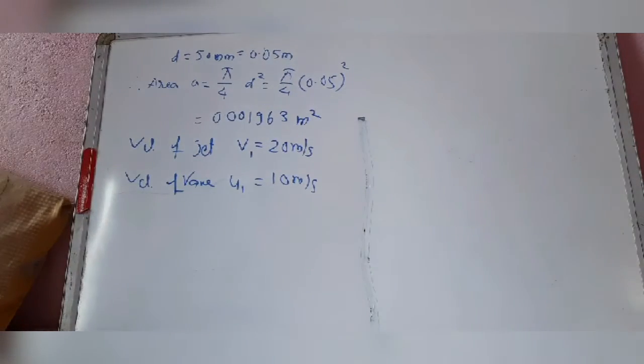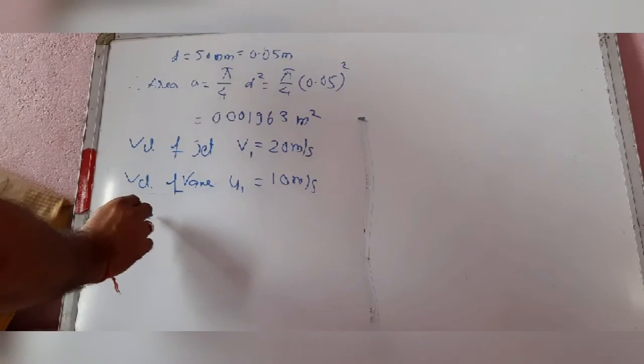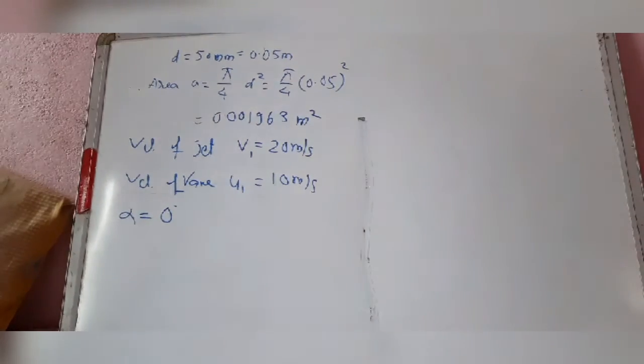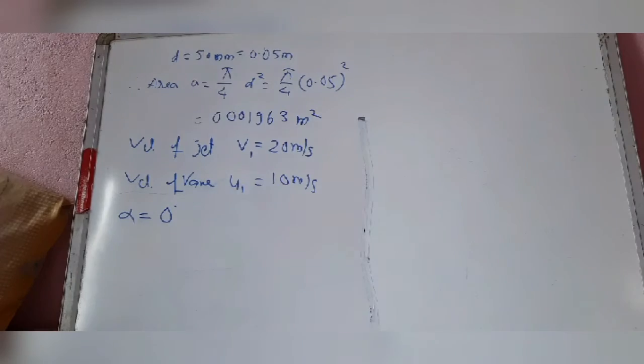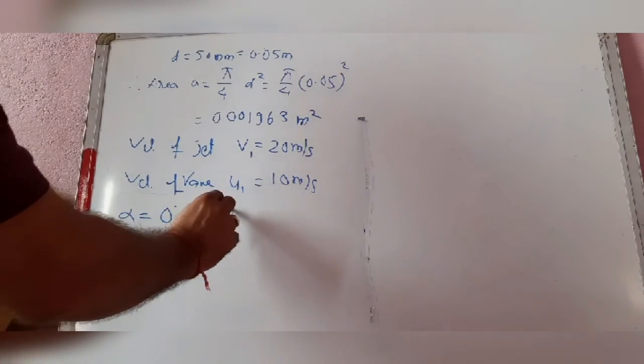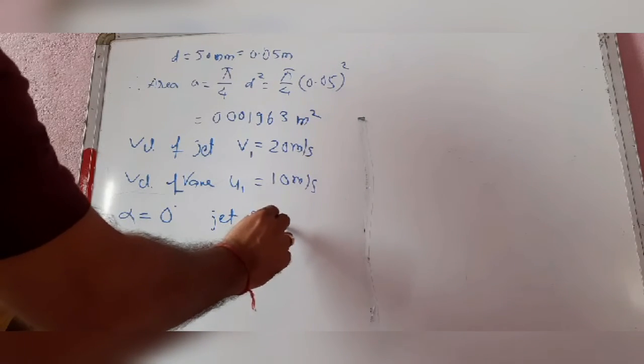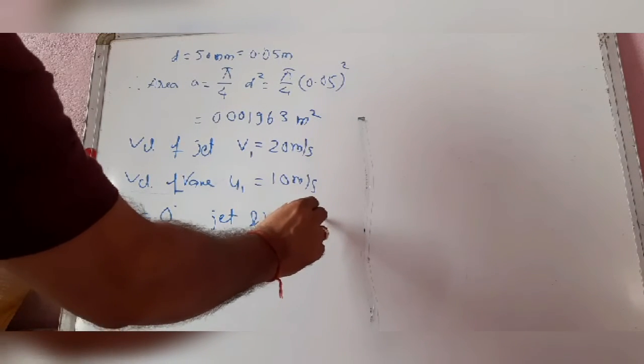It has been given. As the jet and vane are moving in the same direction, alpha is equal to 0.